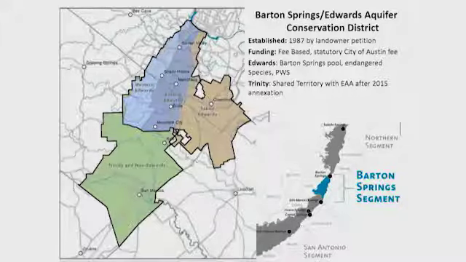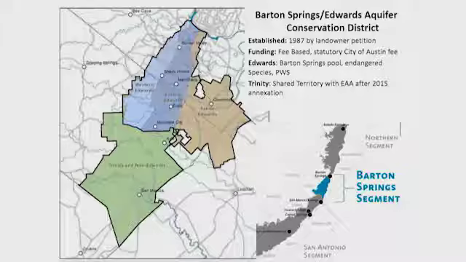The Edwards Aquifer in this area is a hydrologically distinct segment, which is why we're separate from EAA. And the Edwards in this area serves as a primary habitat for endangered species, and also serves to supply the Barton Springs Pool, which is an iconic natural resource in the Hill Country.